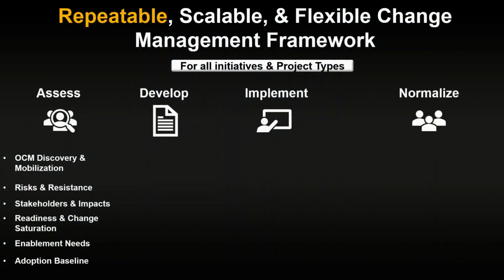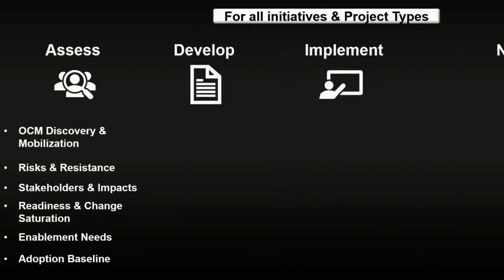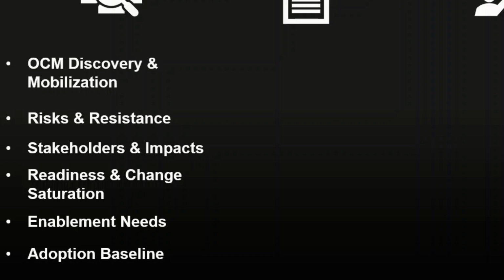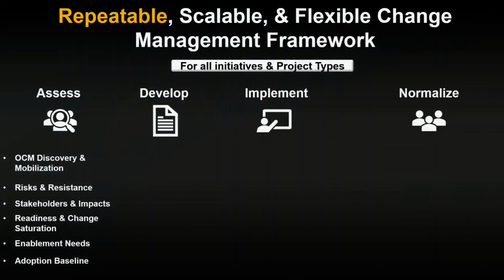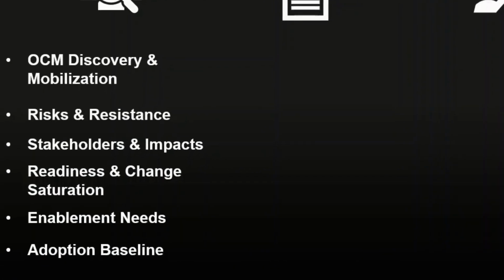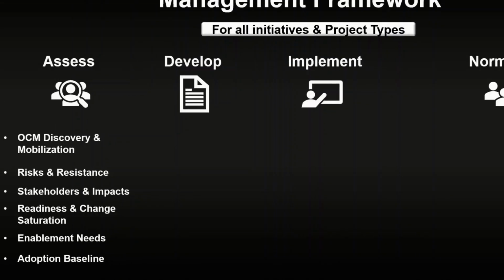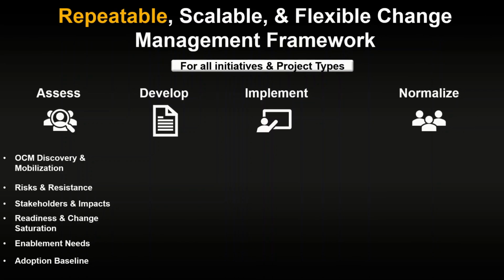They also want to conduct an enablement needs assessment that defines what leaders, champions, and users need to succeed. An adoption baseline also needs to be established. This involves establishing current state metrics that will allow the change resource to measure progress over time.